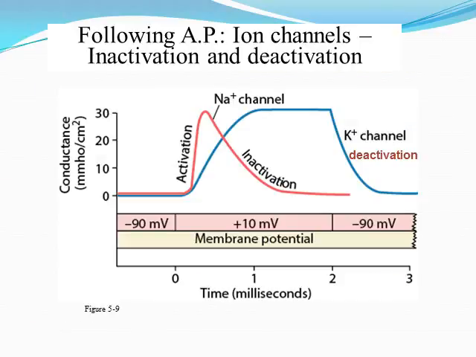Okay. So after an action potential, ion channels are inactivated and also deactivated. So these sodium channels, that little protein that plugs the sodium channel, inactivates the channel, and therefore prevents it from opening, even though the voltage might be changing due to the other sodium channels that are open.